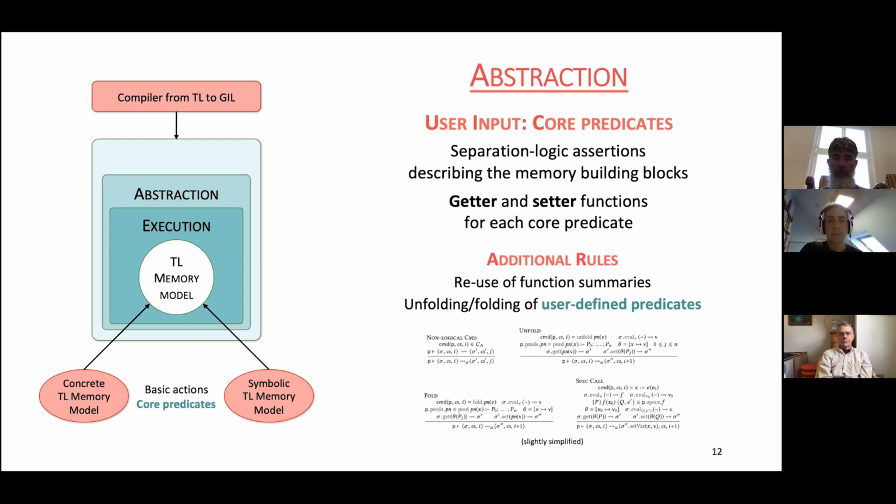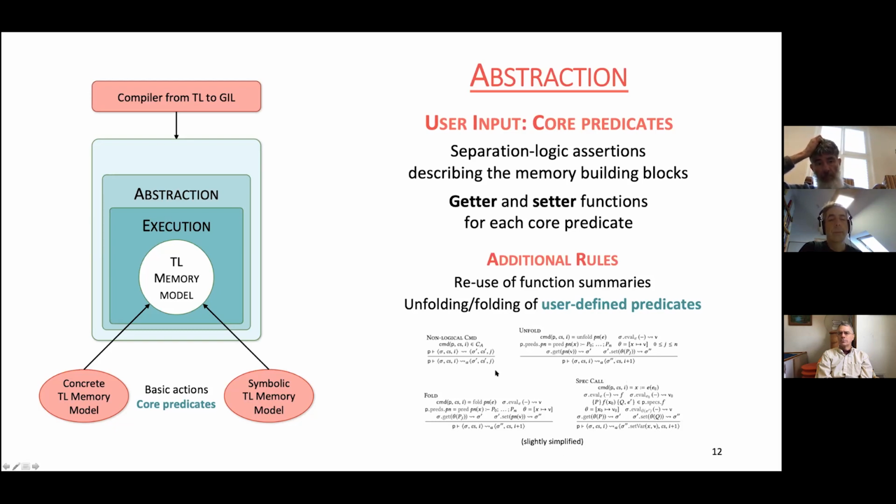Now the idea is that you have the whole memory, and you've got the bit of the memory that corresponds to the core predicate. By unification, you find that bit, take it out, that's the getter, you're left with the rest of the memory, you do some work, and at some point you set it back in. That's all that's happening. But it's done at the level of abstraction, not at the level of rewrite.